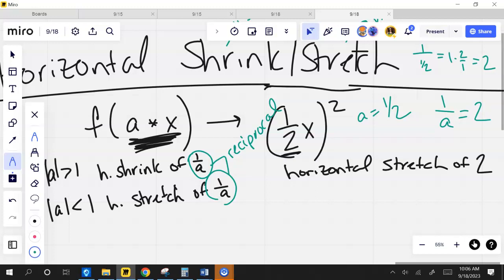Just flip it. Flip your A. This would be a horizontal stretch of 2.